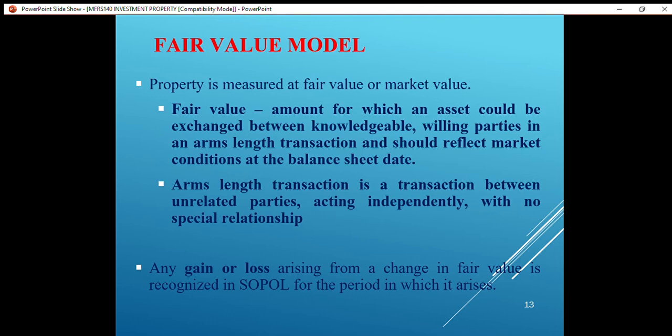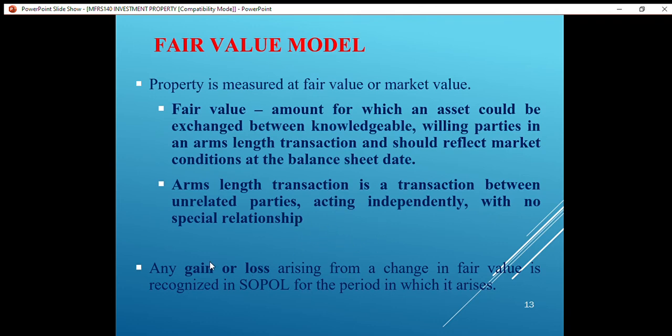Why? Because the transaction involves two related parties, mother and son or mother and daughter. So they are not independent from each other. So this transaction is not an arm's length transaction. An arm's length transaction must involve two parties, seller and buyer, that are independent or unrelated from each other.